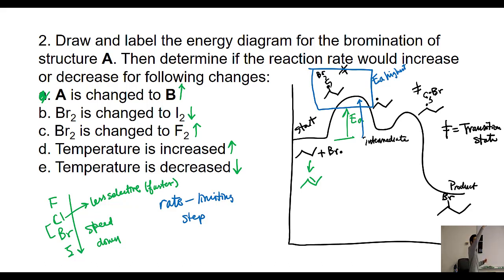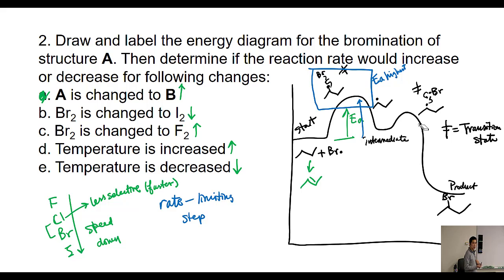After I pass that energy of activation bump, everything else is okay, right? I can hit my intermediate, and the energy gaps are way lower. But I can't hit any of these lower gaps until I hit that big energy of activation. So that big jump is what I call the rate limiting step. If I don't hit that, I don't have a rate because it doesn't work. So that's like the gatekeeper to the rest of the reaction.